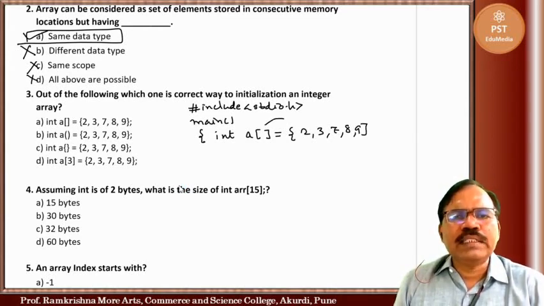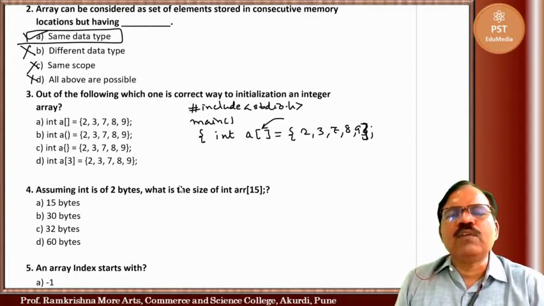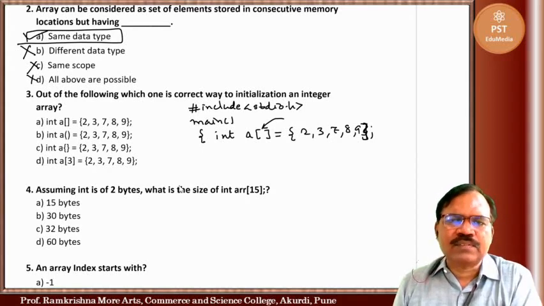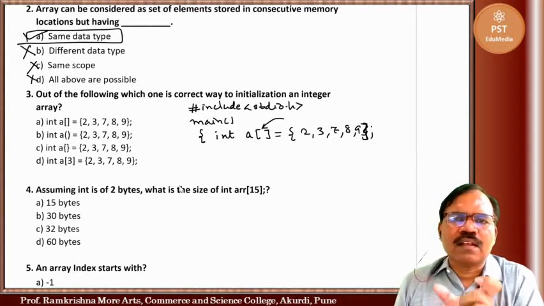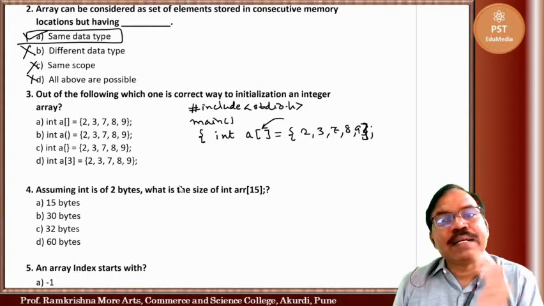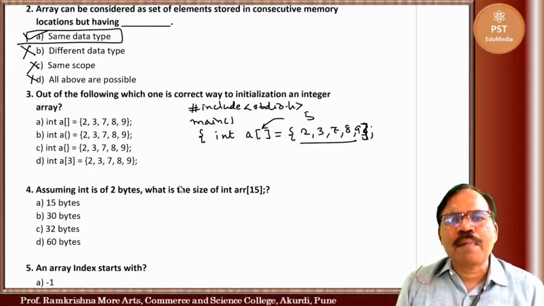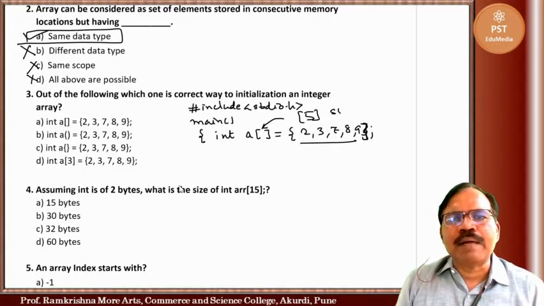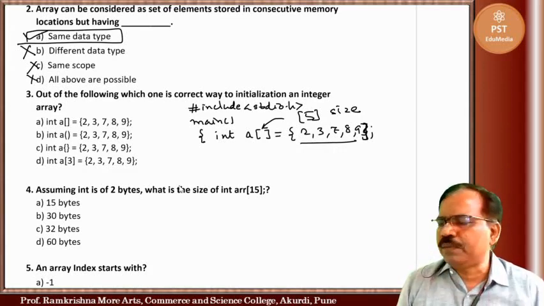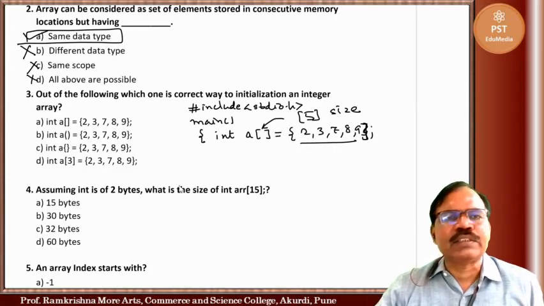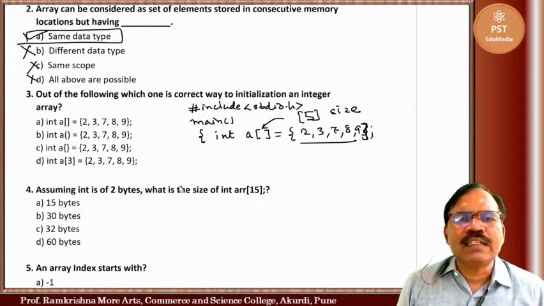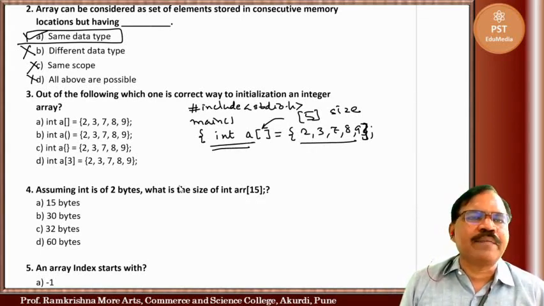So no necessity to give number here, and here values are given in curly brace bracket separated by commas. So by default it will take size 5 if it has 5 elements. So this is correct method of initialization of array.